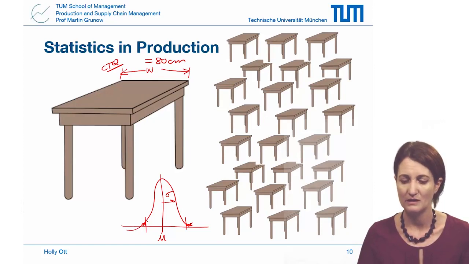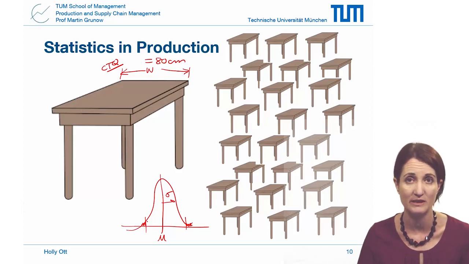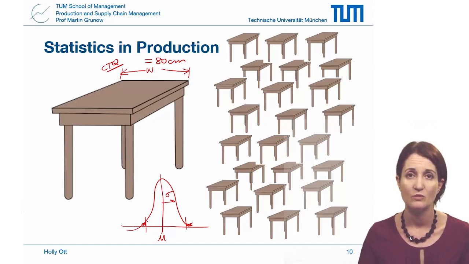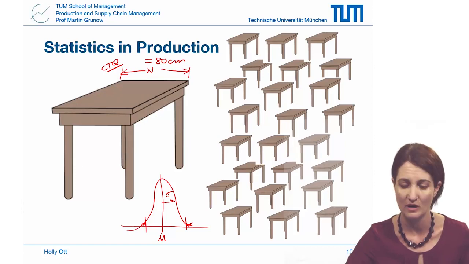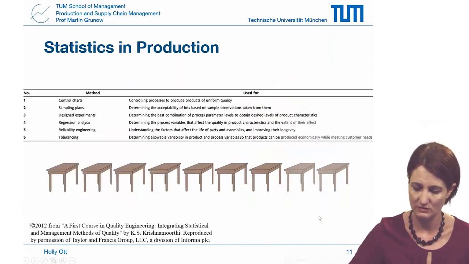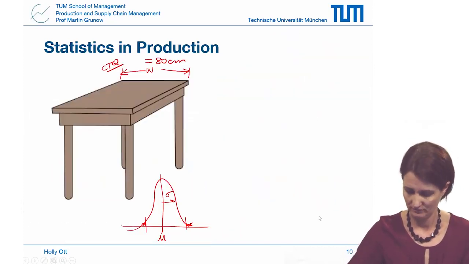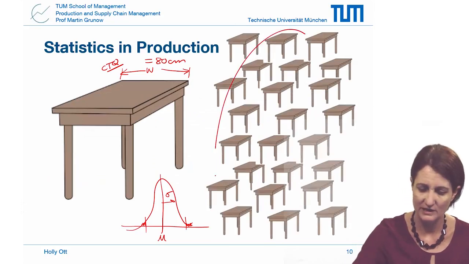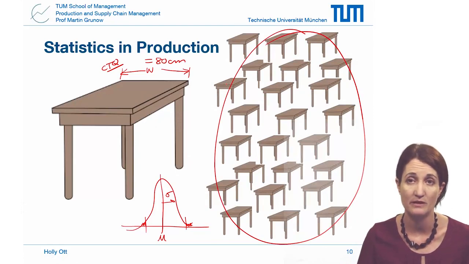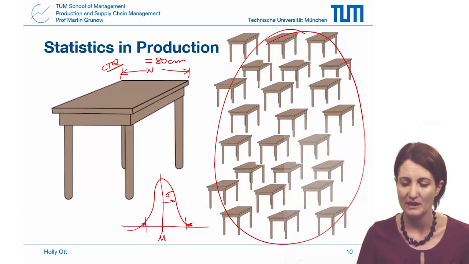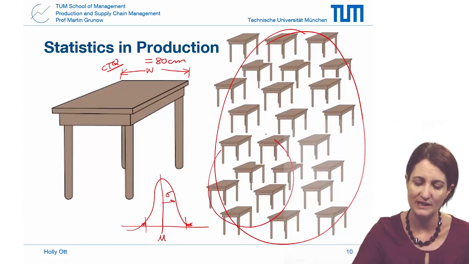So when we are designing, producing, and delivering products to satisfy customer needs, here our table, we're going to take advantage of a few statistical tools. When we have large quantities and we want to see whether our entire population of tables for the day, the week, the month, is good, what we generally do is to take a sample.